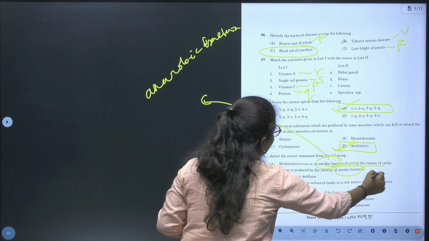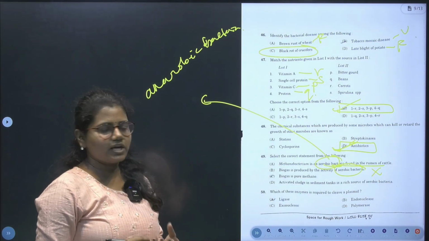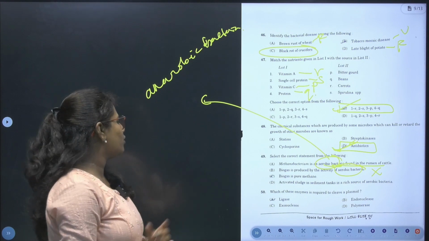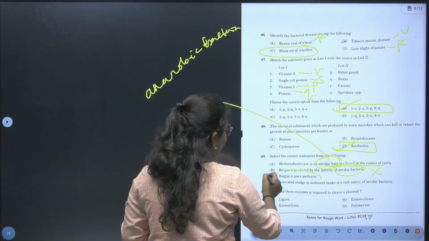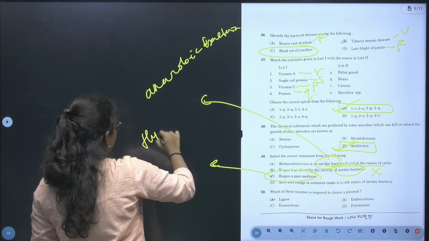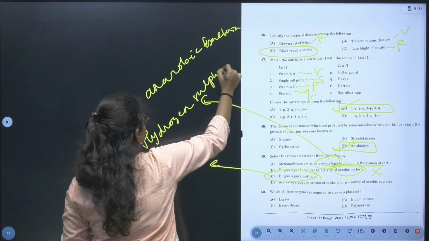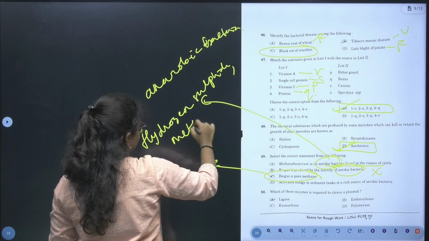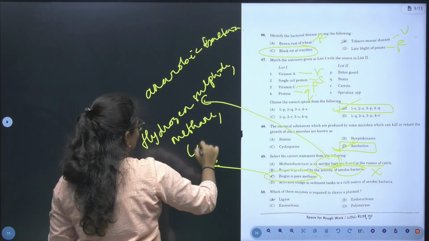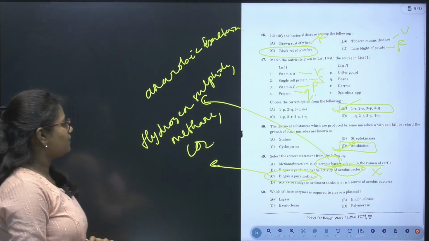No, biogas is produced by the activity of methanogens, which are anaerobic bacteria. Biogas is pure methane. No, biogas contains hydrogen sulfide, methane and carbon dioxide. So it is not pure methane, which is also a wrong statement.